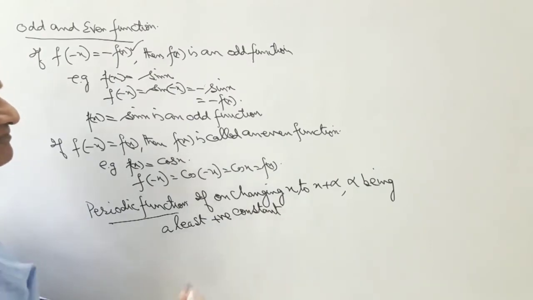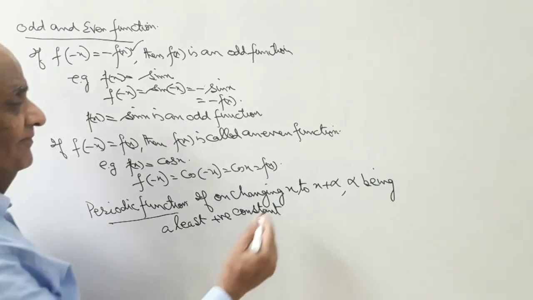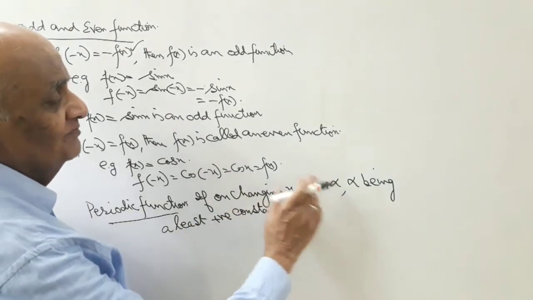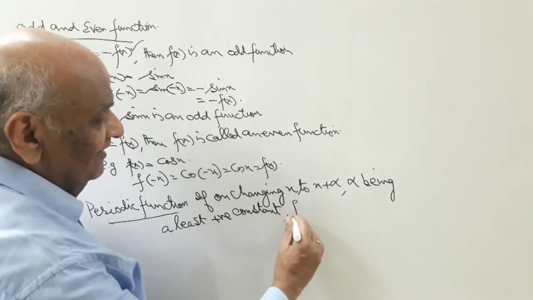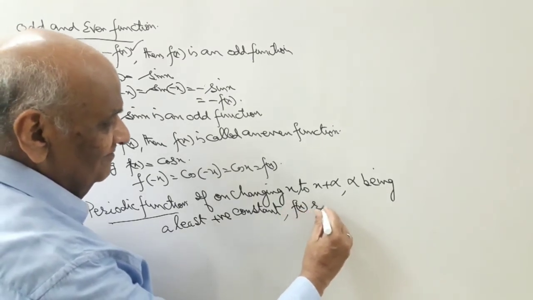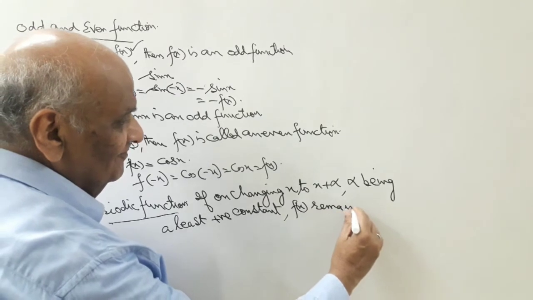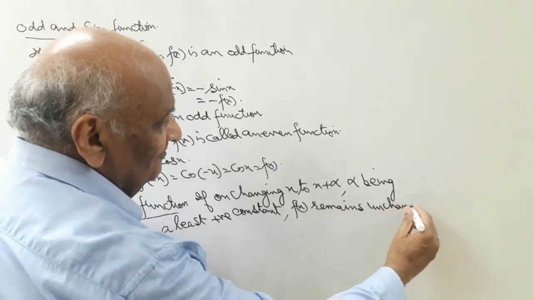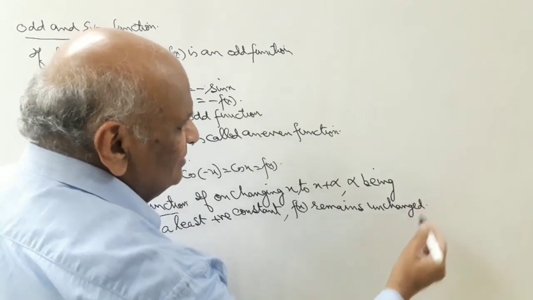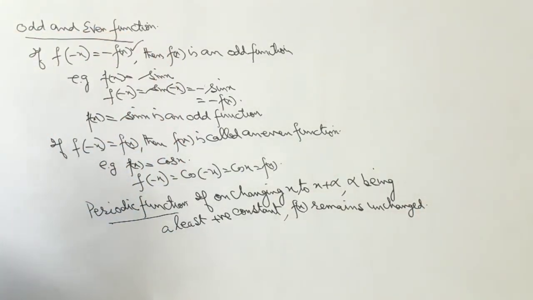that is, if we increase x by a quantity x plus alpha, alpha is the minimum possible, least positive constant. If on changing x to x plus alpha, alpha being a least positive constant, fx remains unchanged. Try to understand it. Fx remains unchanged.